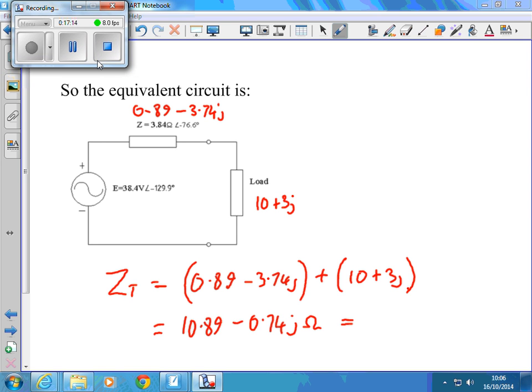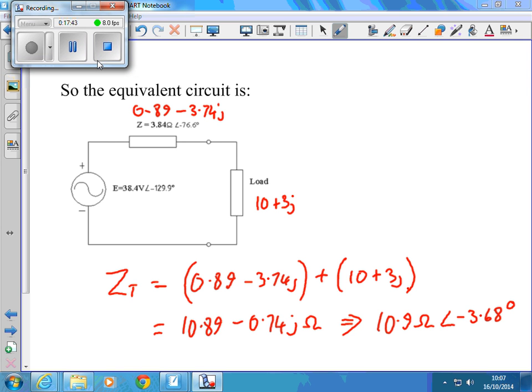Converted to polar, that is 10.9 ohms, angle minus 3.68 degrees.